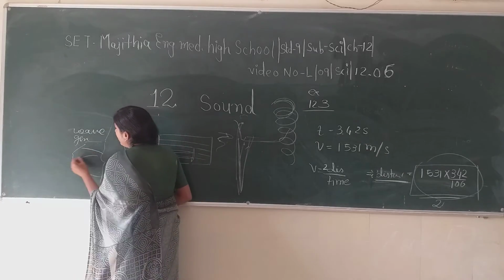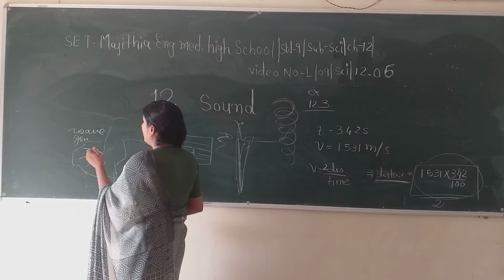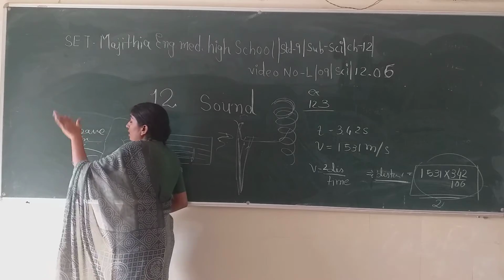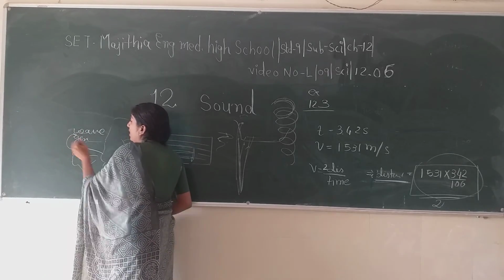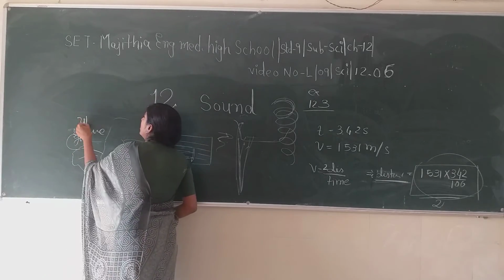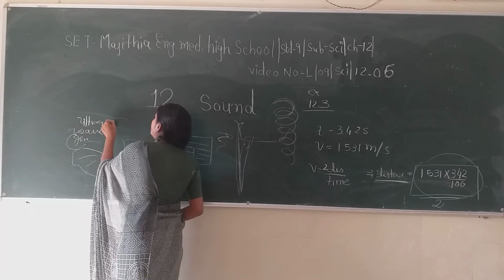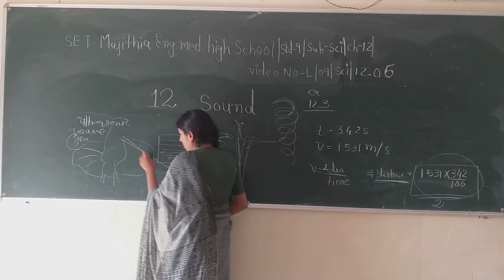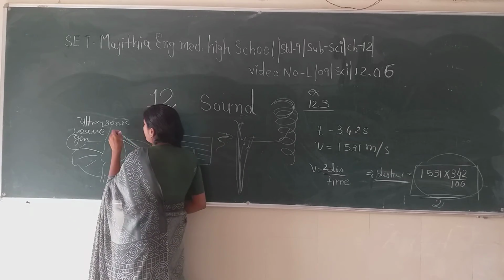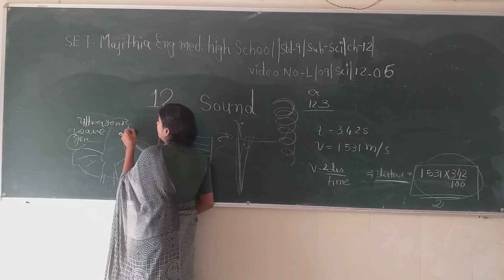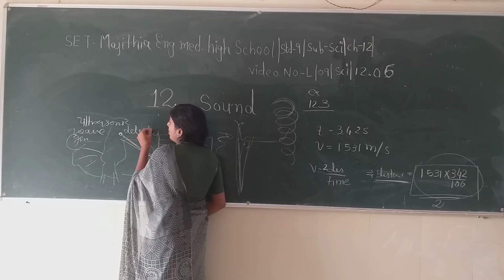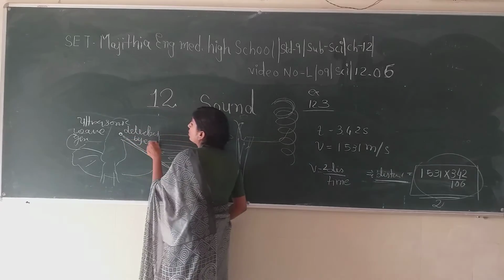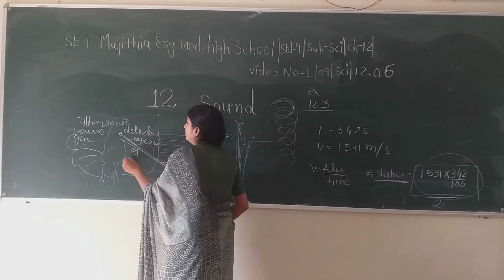So in these wings you will observe that with this frequency they generate waves. These waves are ultrasonic. Okay, and then whatever sound goes out, it comes back. So the sound is detected by the ears of the bat.